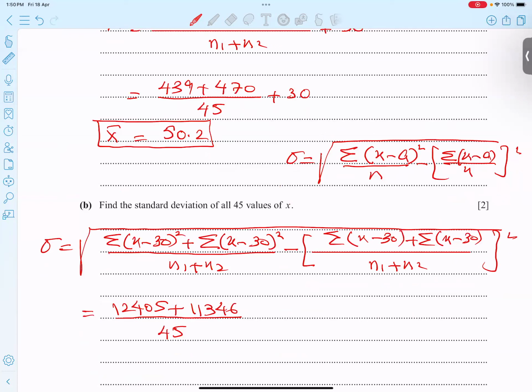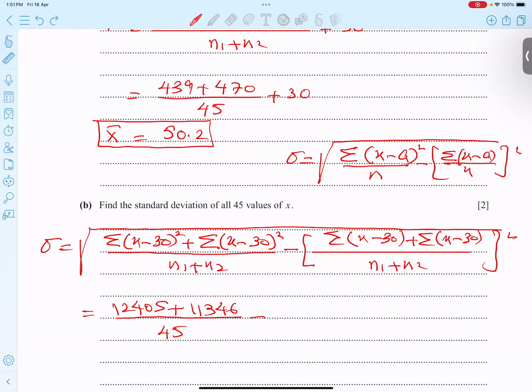Okay, and just a minute please, let me type in calculator. Actually this is 439 plus 470 and divided by 45. So 909 over 45, yes. So 101, 101.